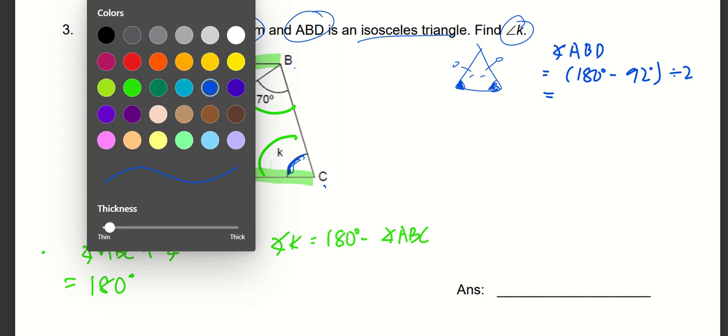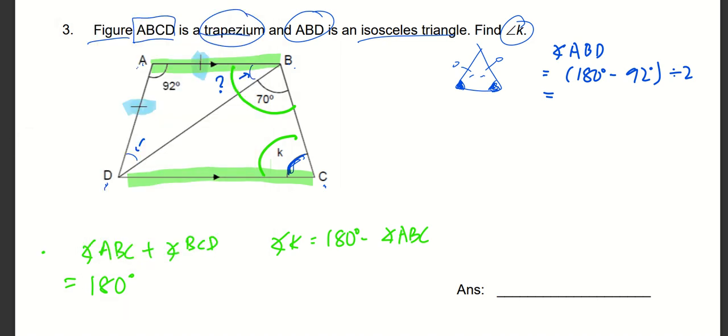So 180 degrees minus 92 will give me 88 degrees. So 88 divided by 2, the answer will be 44 degrees.